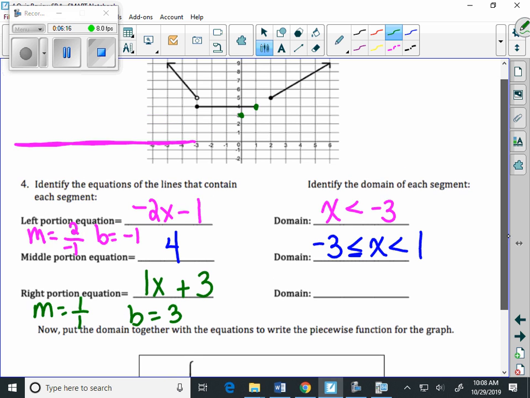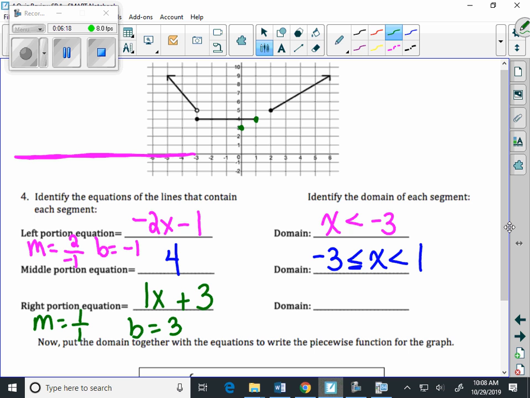And then we need to come up with our domain. Once again, it's a ray. So we only have a starting point. So we have x. Our starting point is at the filled-in circle, the x value of the filled-in circle, which is a 2. And in this particular graph, we're going this direction, which is to the right, filled in, so we're going to go greater than or equal to.